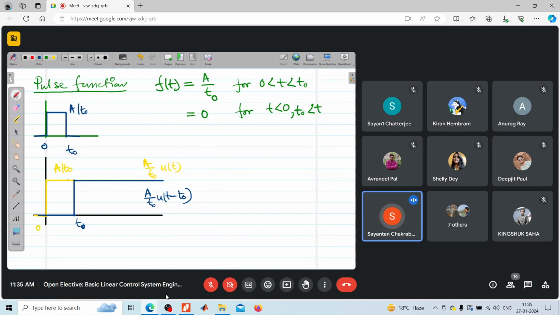If I subtract this blue signal from this, a by t0 u(t) minus a by t0 u(t minus t0), then we get only this portion, nothing but f(t). So you can write f(t) like this. You agree?